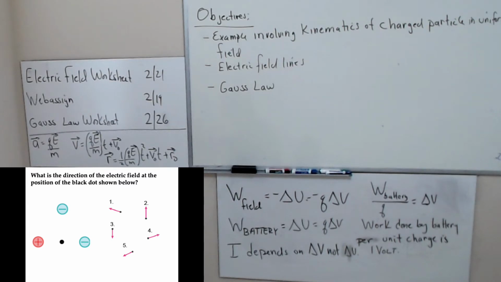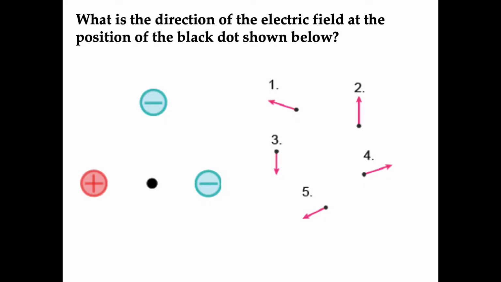So let me set up the poll in Zoom. And the question I want to ask, at least the first one, is this. So everybody see the poll question? And the poll itself. So go ahead and answer this question.